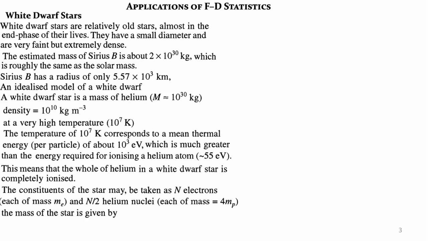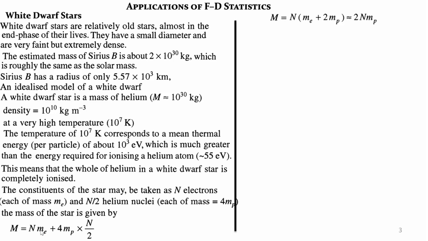So in that case, total mass of our star can be written like this. This is N into me plus 4 mp into N by 2, isn't it? This is mass of each helium nucleus times number of helium nuclei, and this is number of electrons times mass of each electron, correct? We can try to express this in simple form.